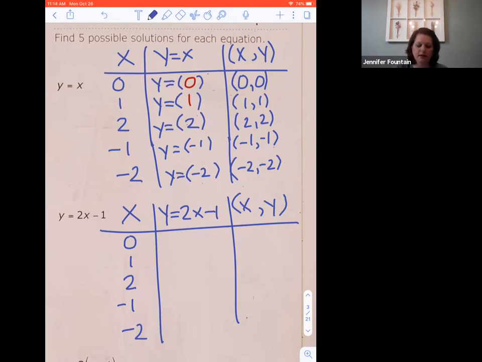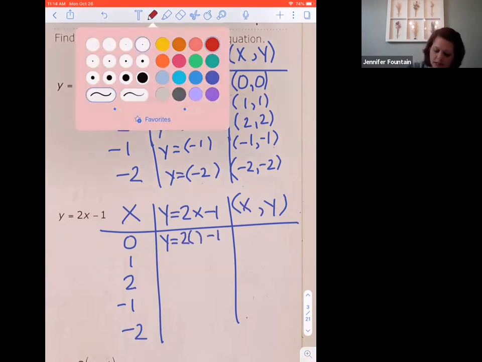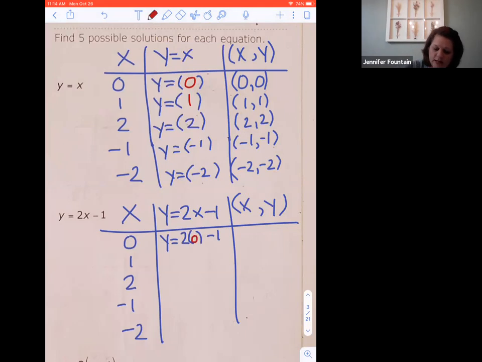So once you get that set up, now we're going to start plugging in our values. So I'm going to have y is equal to 2, parentheses for x, minus 1. I'm going to plug in 0 for x. And now I'm going to do my calculation.